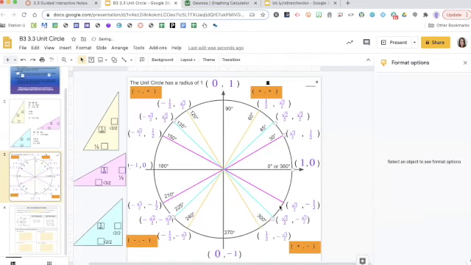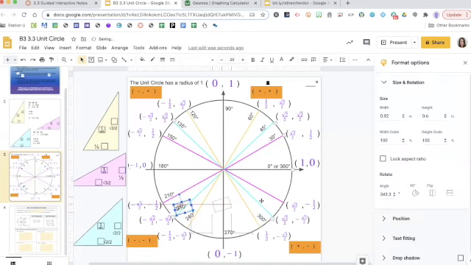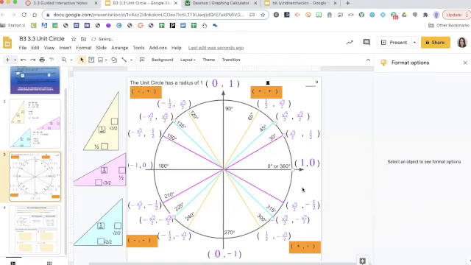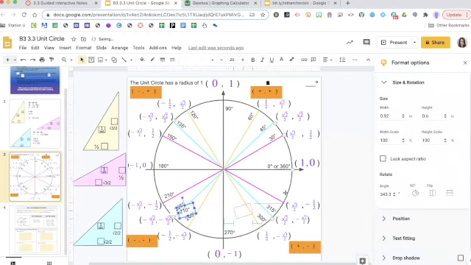Now we're getting it. 45 degrees past 270 or 45 degrees before 360 is 315. And last but not least is 330.